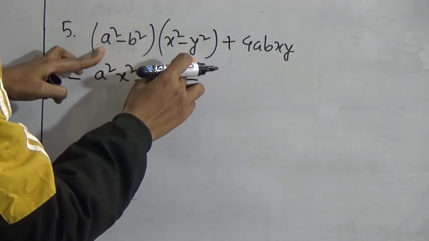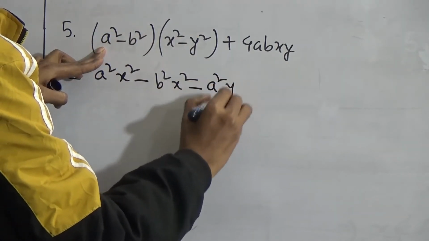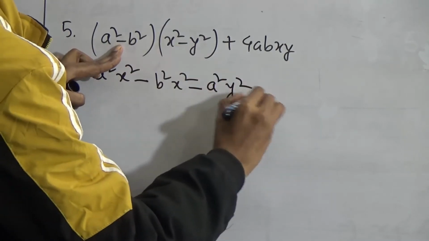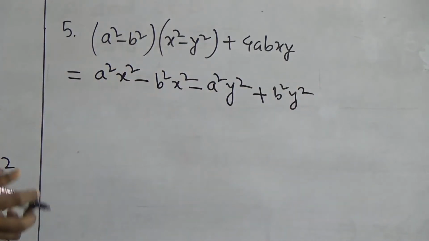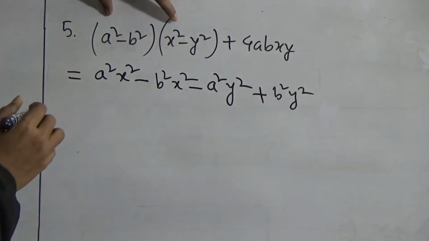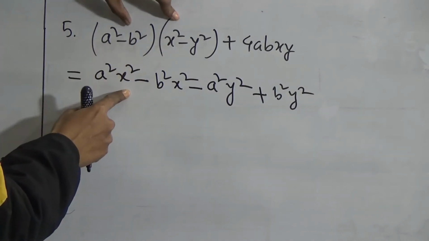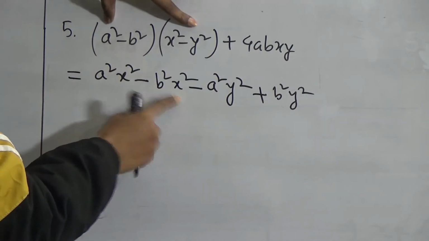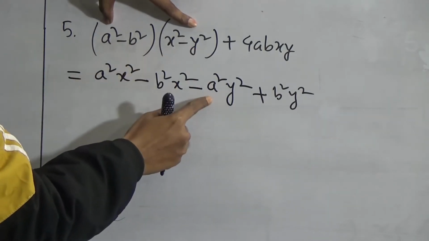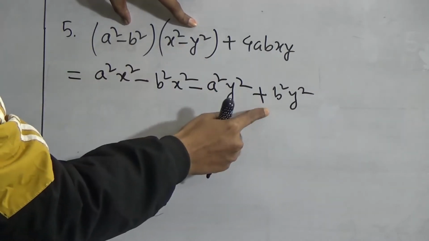Then you have to multiply a square with y square, then minus plus b square y square. Okay. Look, I have multiplied this way: a square into x square, a square x square, then minus b square x square, then a square with minus a square y square, then minus plus b square y square.